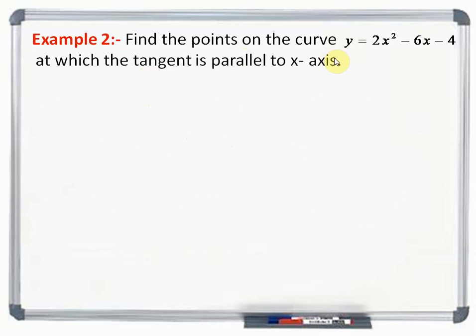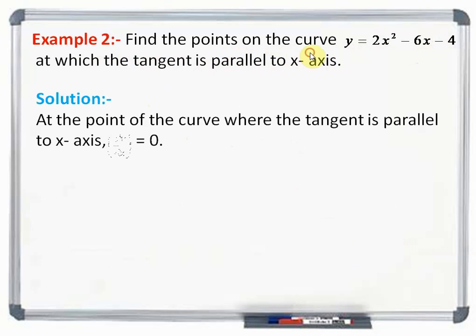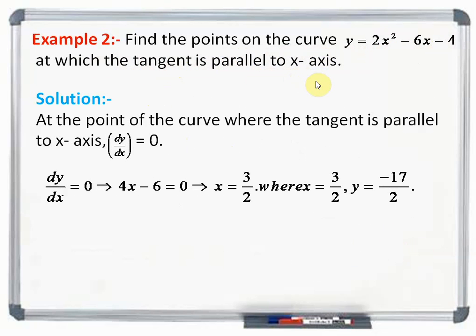Now another example. Find the points on the curve y equal to 2x square minus 6x minus 4 at which the tangent is parallel to the x-axis. Since the tangent is parallel to the x-axis, we know the slope of the x-axis is 0, so the slope of the tangent will also be 0. Now differentiate the given curve, and its derivative comes 4x minus 6, and the derivative is equal to 0.